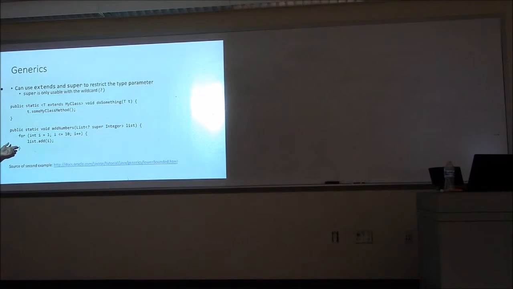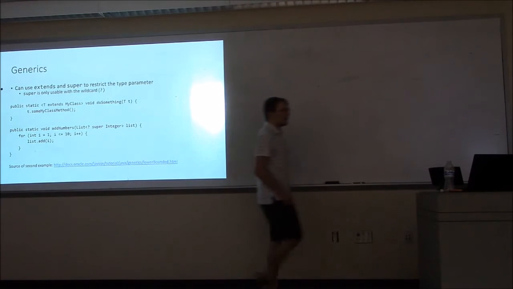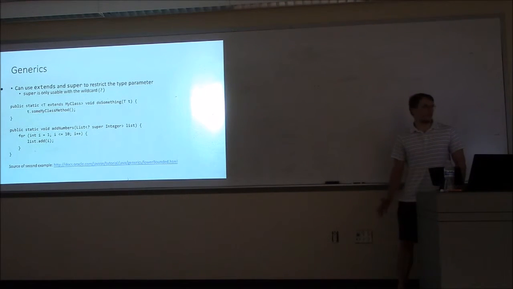And then in the function, it's going to just add the integers 1 through 10 to the end of the list. So if it's a list of integers, then obviously adding integers is fine, but if it's a list of numbers, adding integers is also okay. So the wildcard with super allows you to specify that something has to be a superclass of the type you specify. Do you see why we would use extends and super in these examples? Makes sense, okay.